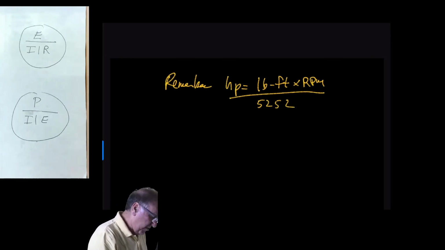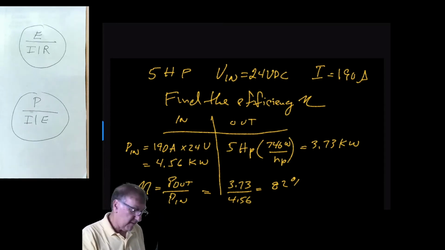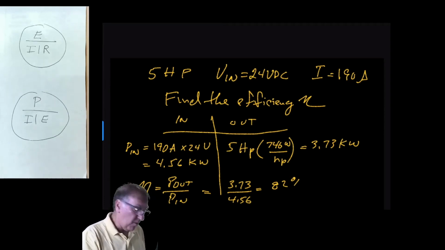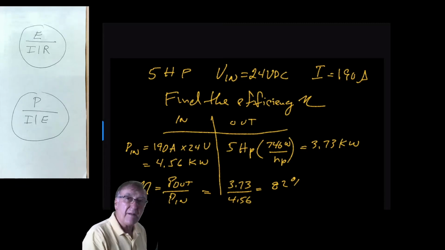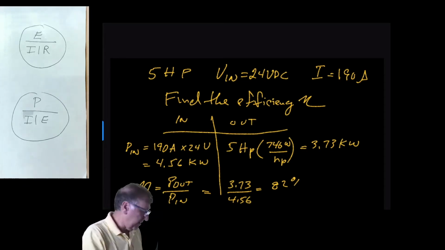Going back to our chart, we find that we have the electrical, as I mentioned before, and the mechanical sides. But we converted the mechanical to electrical. That's why we went from horsepower, which is mechanical, to kilowatts. If they're both converted to kilowatts, then we can calculate efficiency. We have to have the same units, though, when we calculate efficiency.